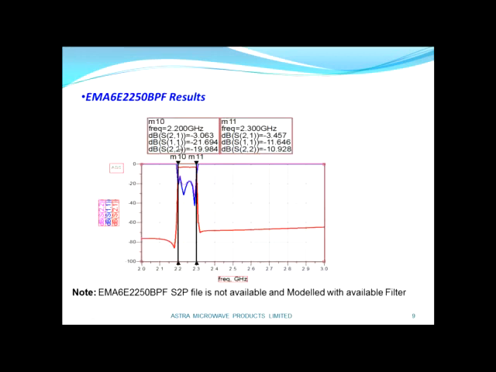After that, the second stage is the band pass filter. We have used the EMA 6E2250 BPF, but initially that S2P model is not available, so I realized this model using the data sheet values. With that model I got -3 dB as the pass band loss, and input and output return loss better than 15 dB.